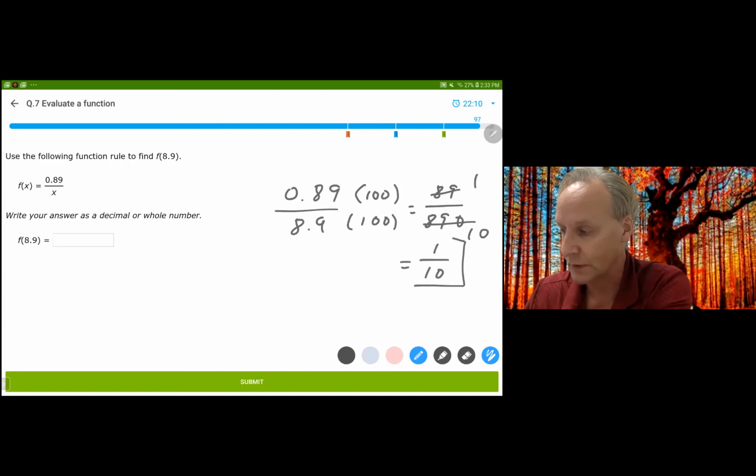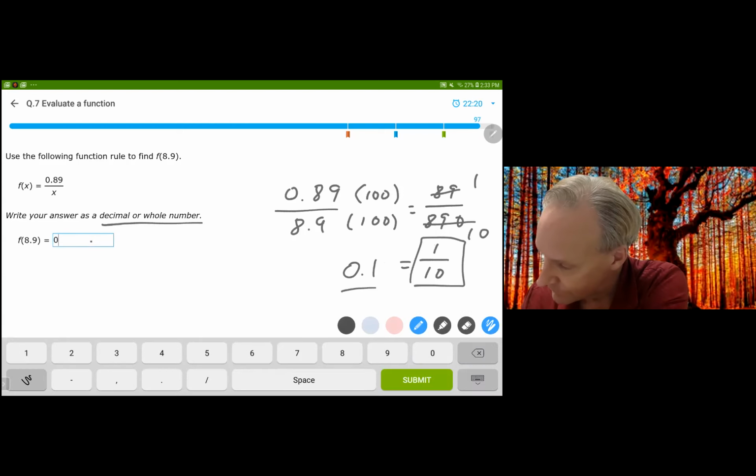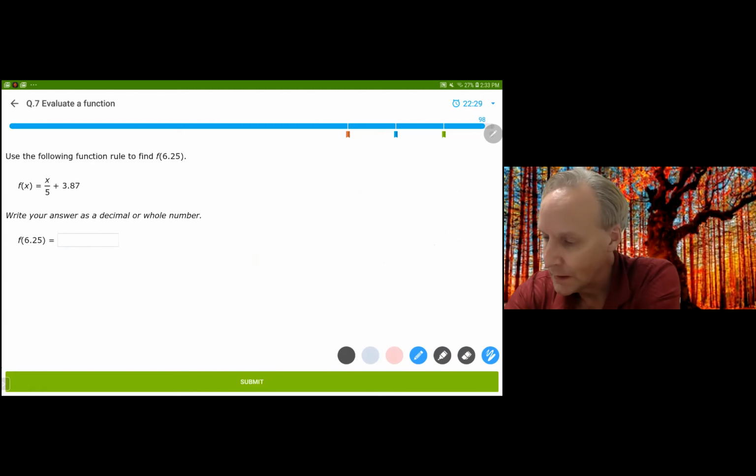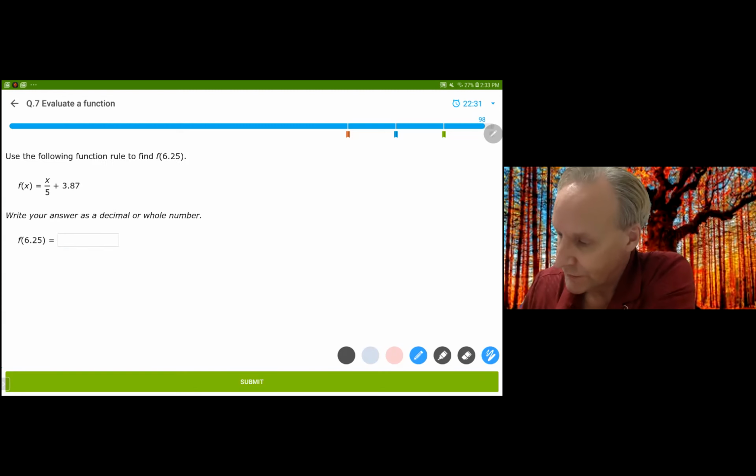So the answer is 1/10. It says decimal or whole number. So I have to write the decimal, which is 0.1. A lot of people are going to grab their calculator for that one, and not a good idea. You don't need to.